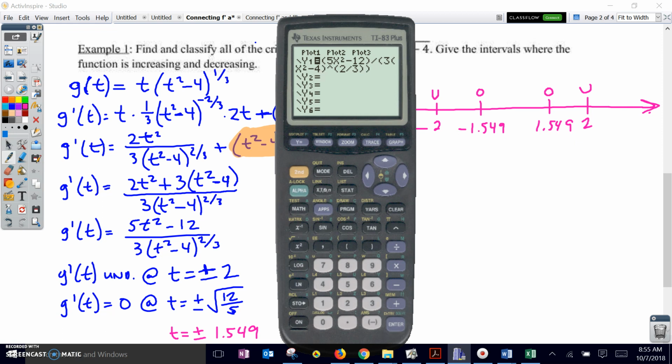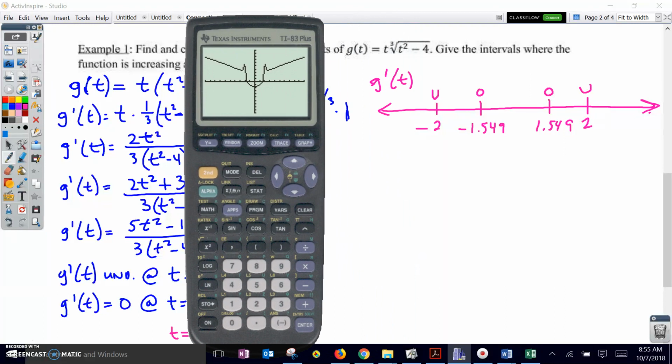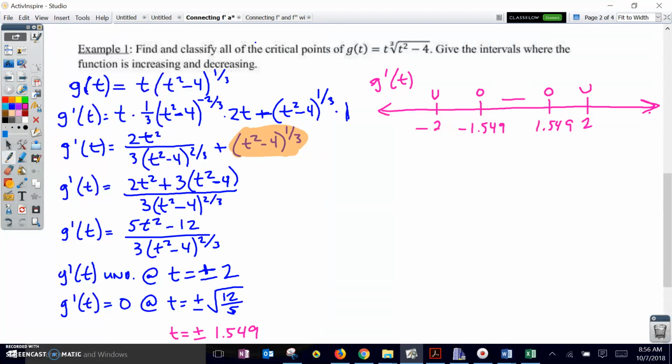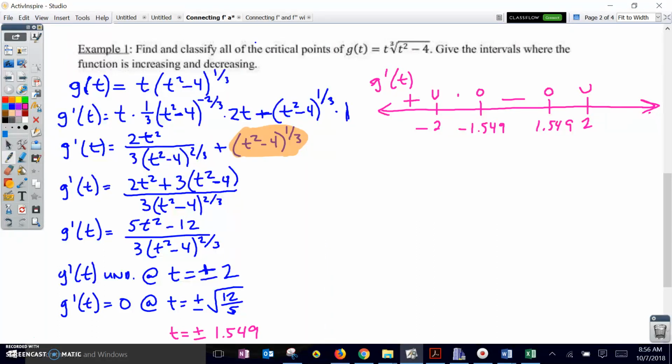I have the right number of parentheses there. And so we'll look at the graph of this derivative, which shows that the derivative is negative between negative 1.549 and 1.549, and it's positive everywhere else.